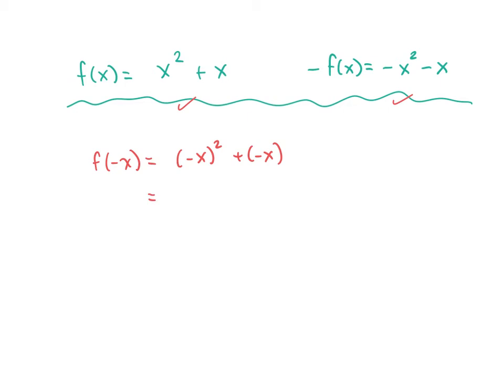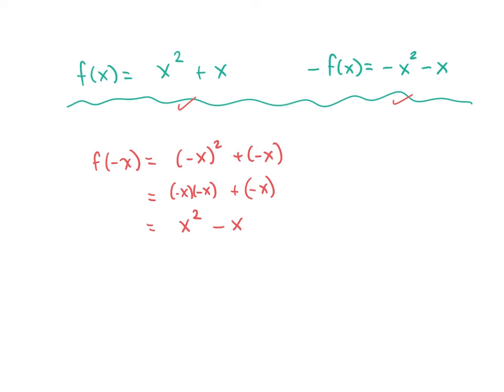Negative x squared is negative x times negative x, plus negative x. Negative x times negative x is going to be x squared. You don't have to write the prior step, but it shows that there is an even number of negative signs for that one. And then we have plus negative x, which is just minus x.